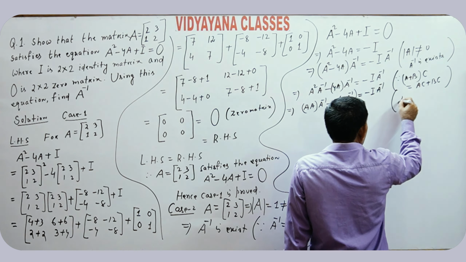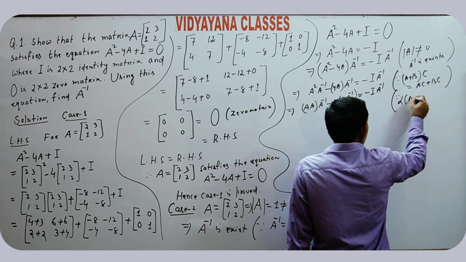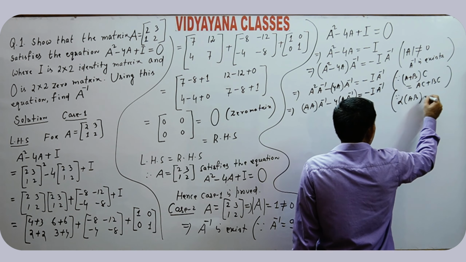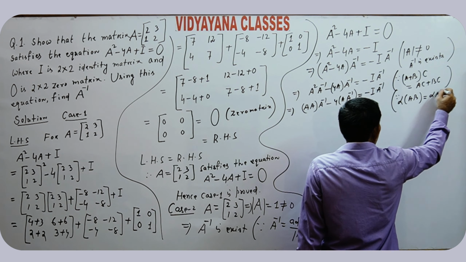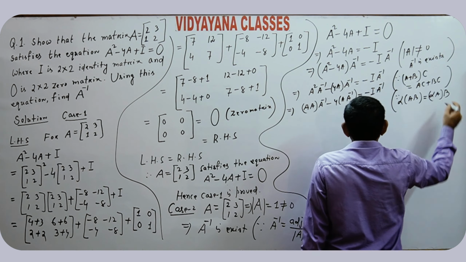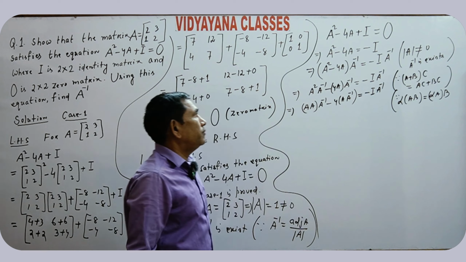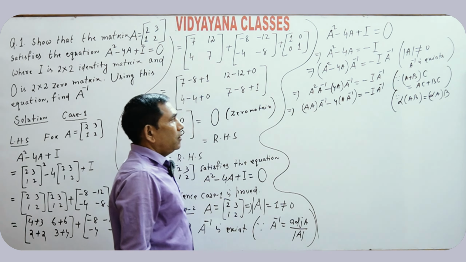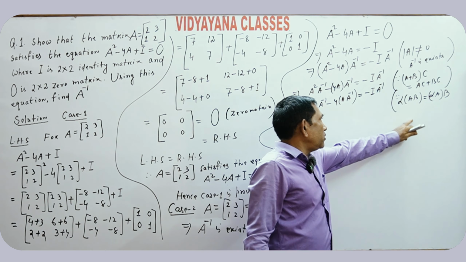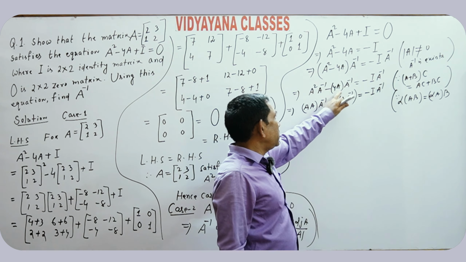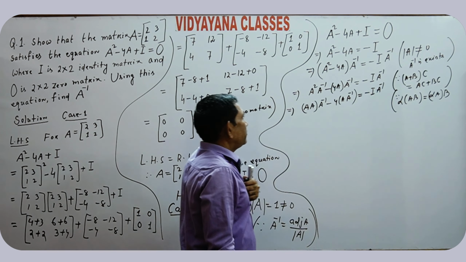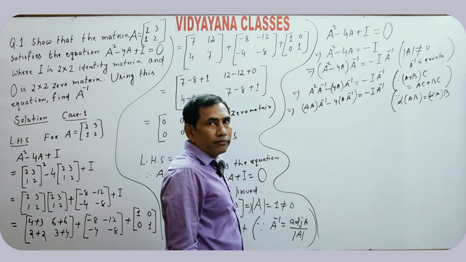Since alpha AB is the same as alpha A into B, matrix multiplication is associative with respect to scalar. So this can be written as this. Clear?